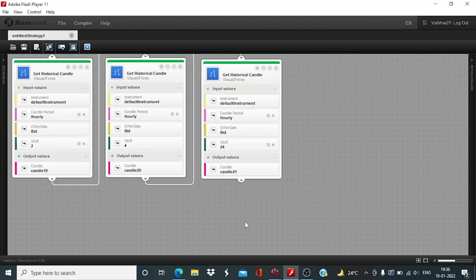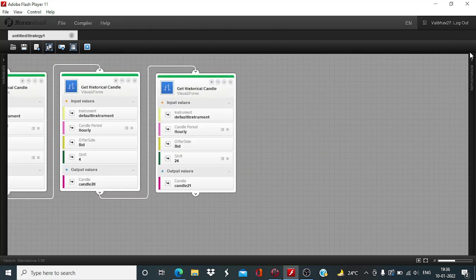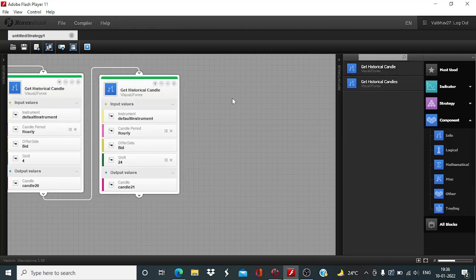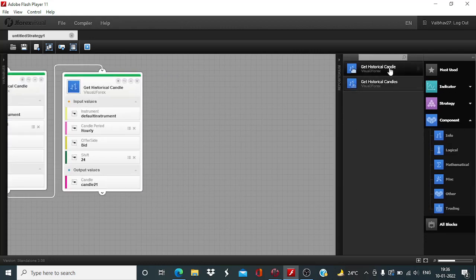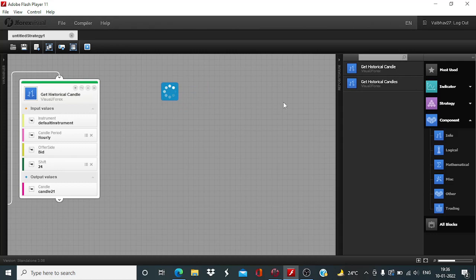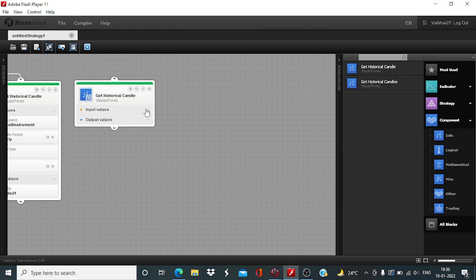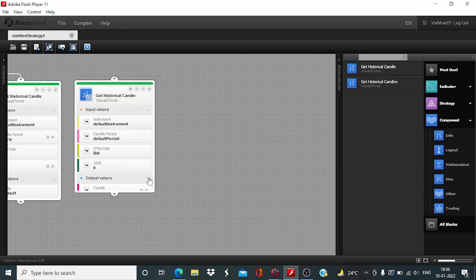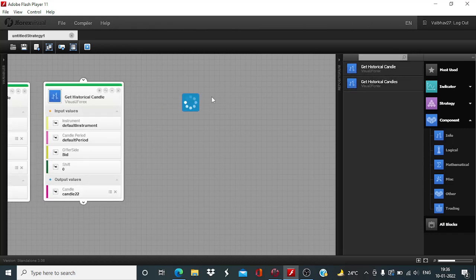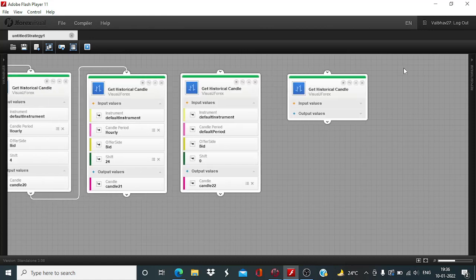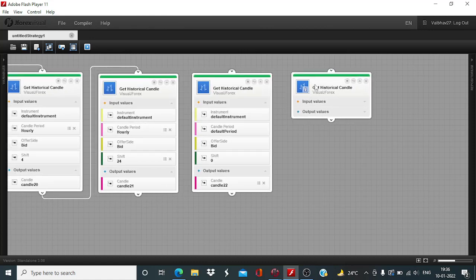Along with this we will also need the two 10-second blocks for determining the exact entry point.